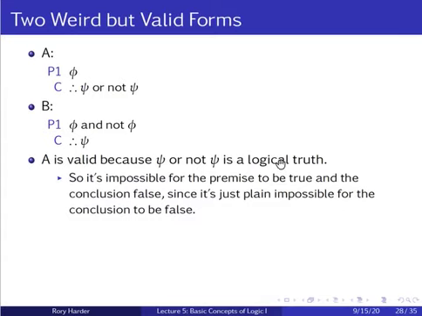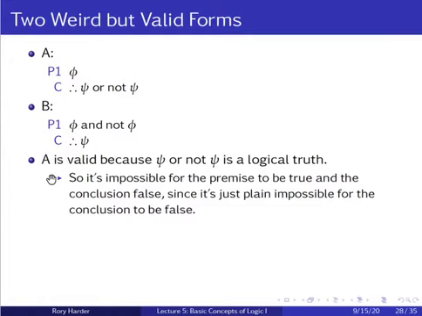So if the conclusion is a logical truth, no matter what the premise is, the argument is valid. And that's because since the conclusion is a logical truth, it's impossible for the conclusion to be false. So therefore, it's impossible for the premises to be true and the conclusion false.